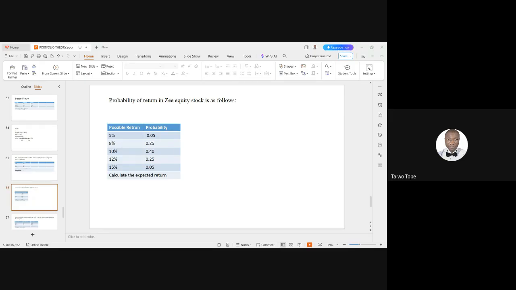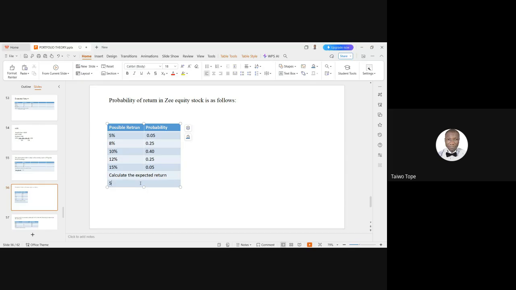Can you quickly solve? What would be your expected return? Still 10%.